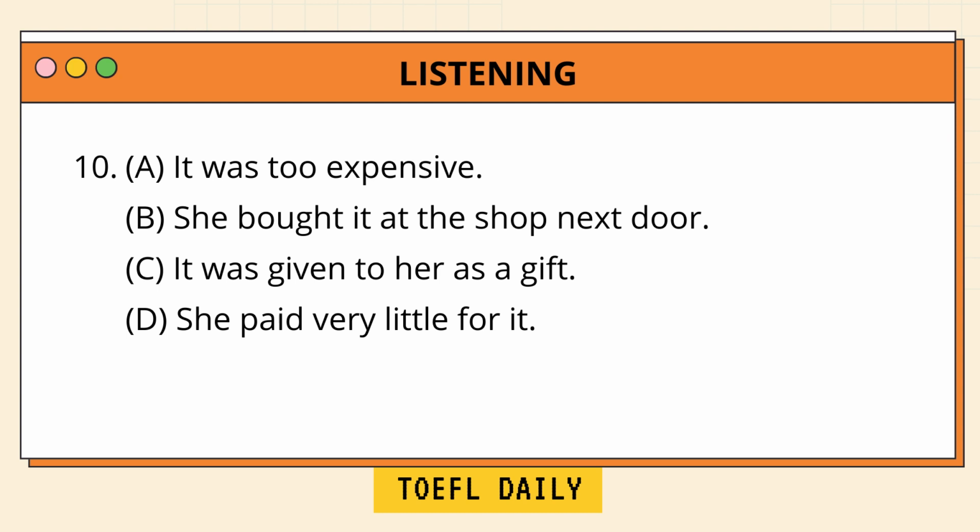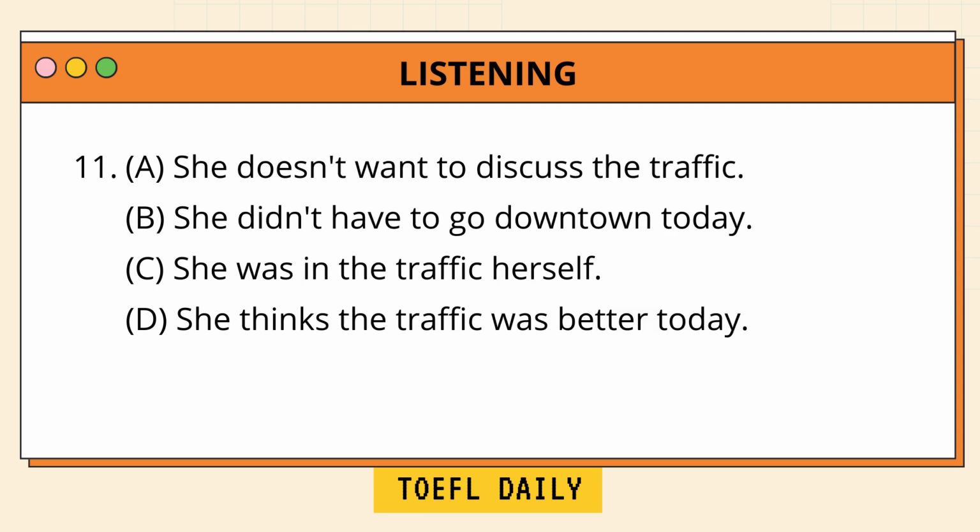It may look like that, but I got it for next to nothing. What does the woman say about the desk? Number 11. Traffic downtown was terrible today. You don't have to tell me. What does the woman imply?